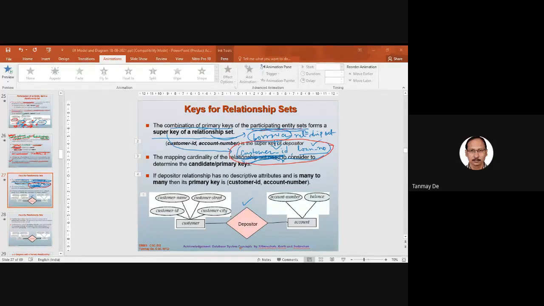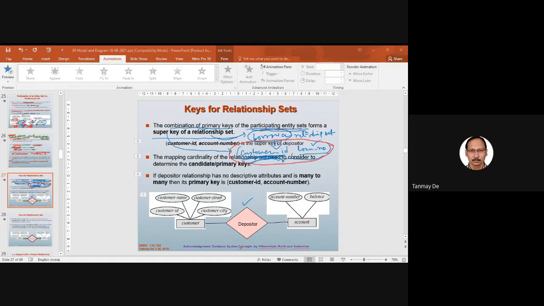Now the question is, suppose the depositor contains a descriptive attribute, say access date. When the account is accessed, the access date is a descriptive attribute of the depositor relationship set. So at that time, what is the super key?